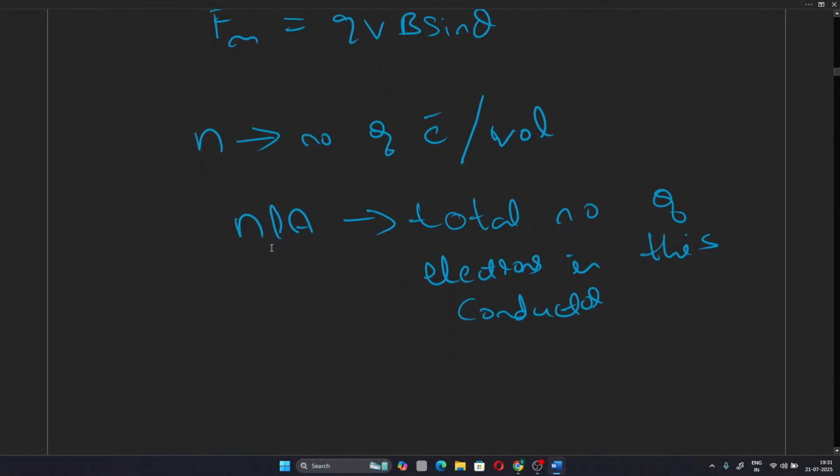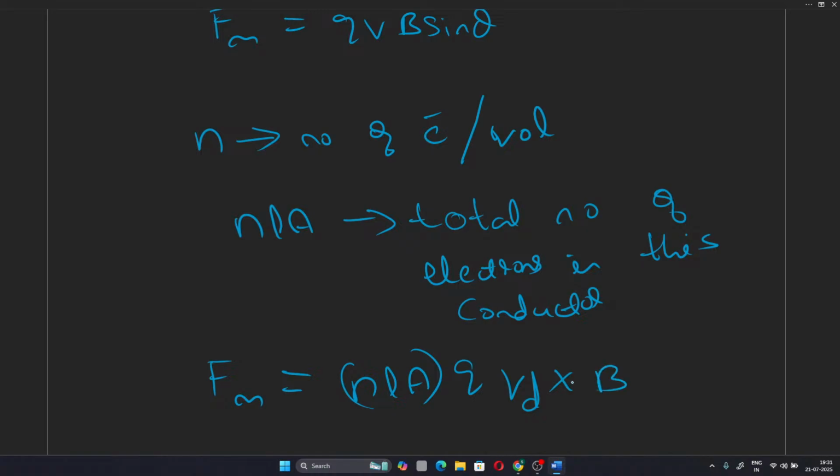So the total charge will be F_m, which equals N L A times Q, and v is the drift velocity cross B, the magnetic field.